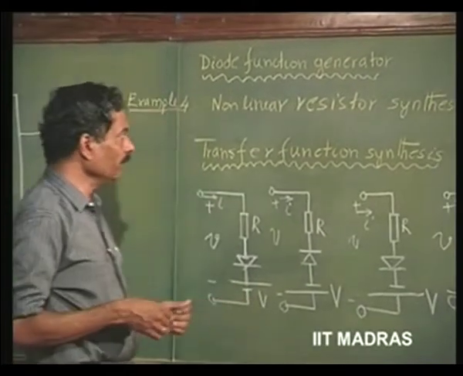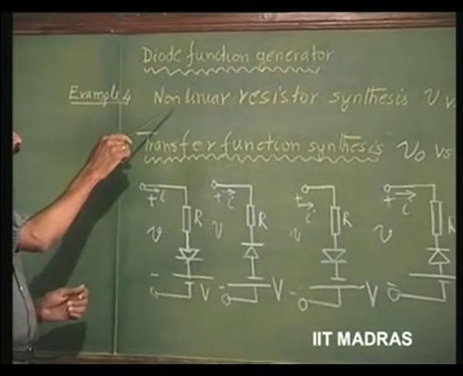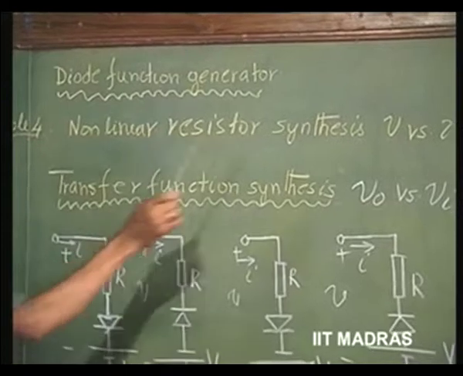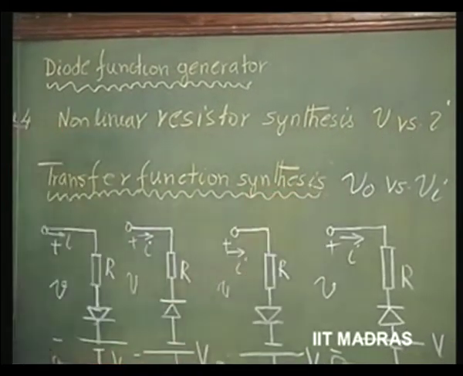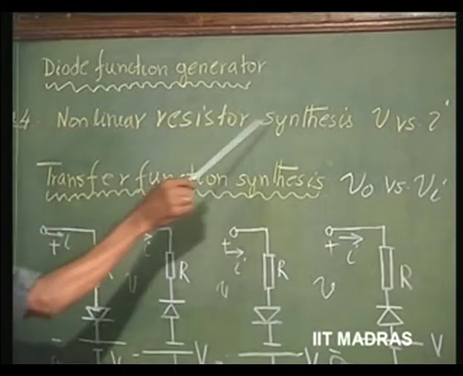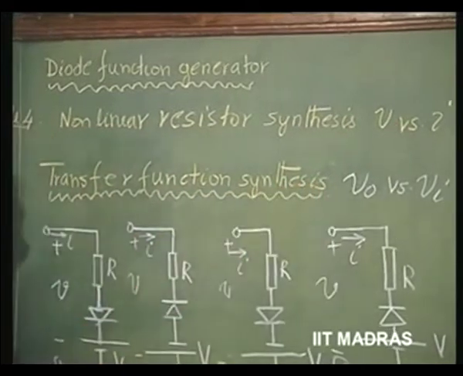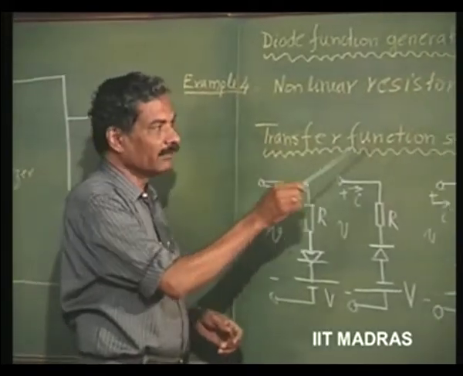In example 4, we solved a problem of nonlinear resistor synthesis. A plot between voltage and current of a 2-terminal network was what was discussed, nonlinear resistor synthesis or nonlinear conductor synthesis, V versus I. Now, we will go to another important synthesizer, that is transfer function synthesis.